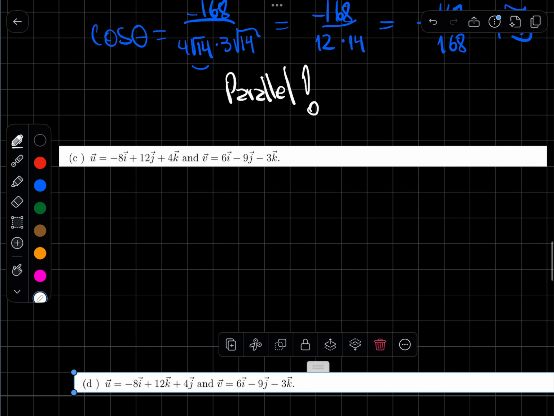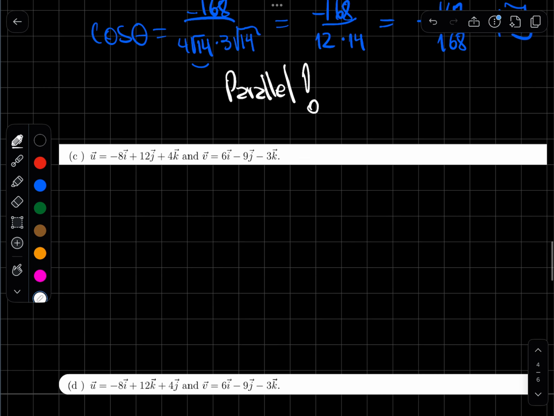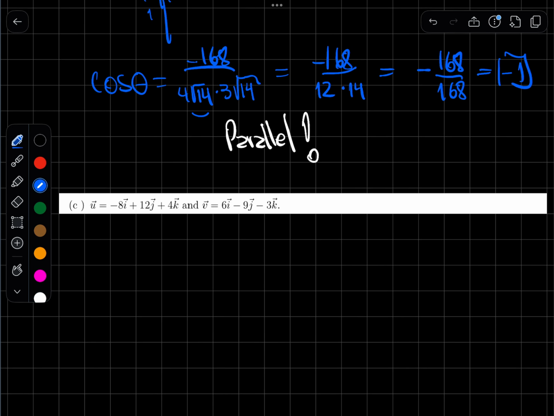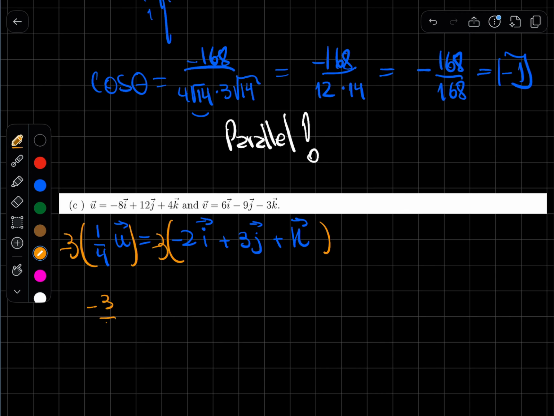You can see that if you take vector u, look at this, multiply by 1/4, so that gives you negative 2i plus 3j plus k, like so, and then multiply that by negative 3, you'll end up with negative 3/4 of u equaling positive 6i minus 9j minus 3k, which is exactly vector v.